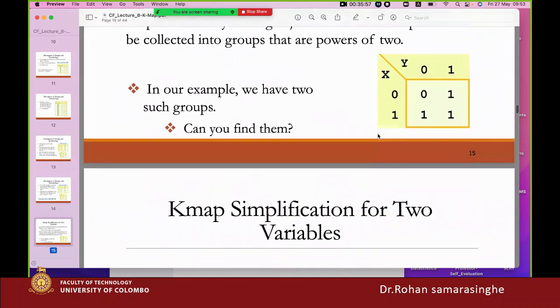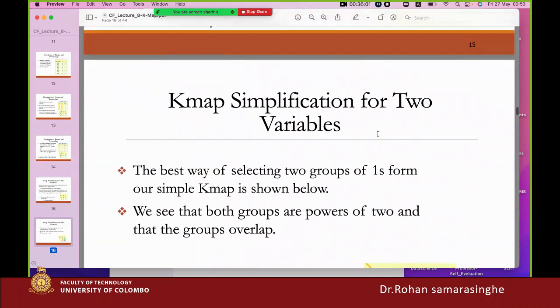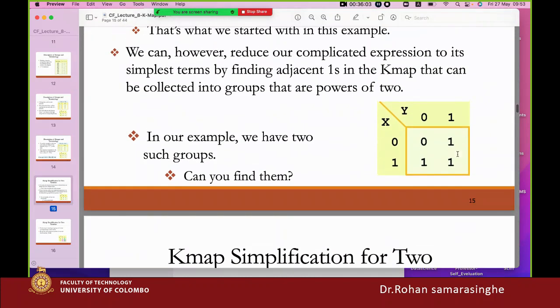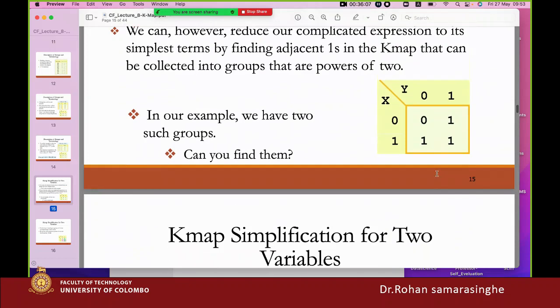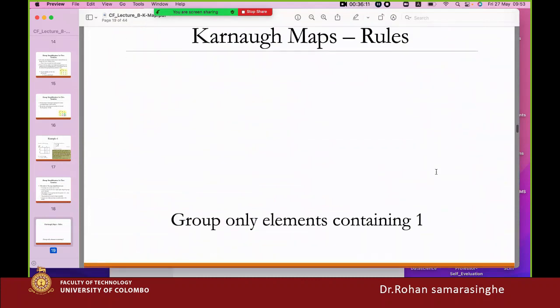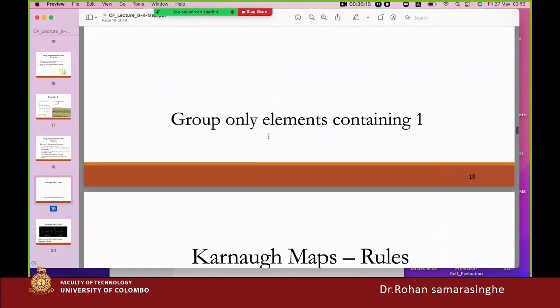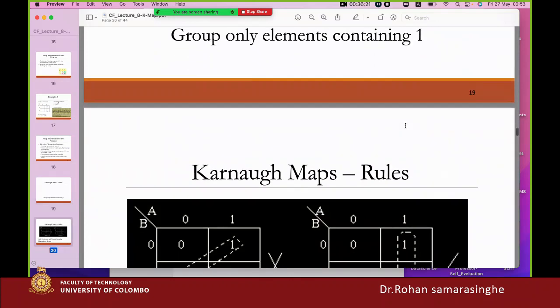How to simplify? When you are going to simplify, you have to group the ones, not the zeros. When you are going to group ones, there is a set of rules. Let's understand the rules first. The group contains only elements containing 1.